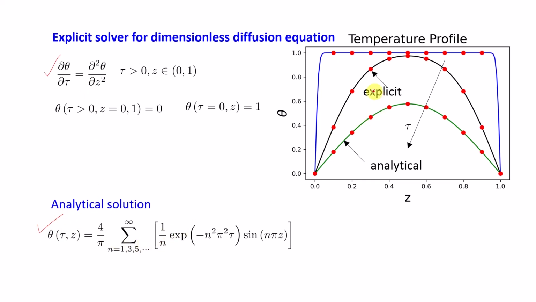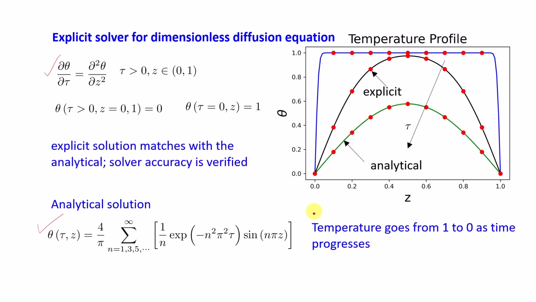And here the explicit solutions are red dots, analytical solutions are lines, and clearly they are falling one over another. This is the way to verify whether your numerical solution is doing the right thing or not. And clearly the physical pattern that we expect, that the temperature starts from 1 and then goes toward 0, is also there.